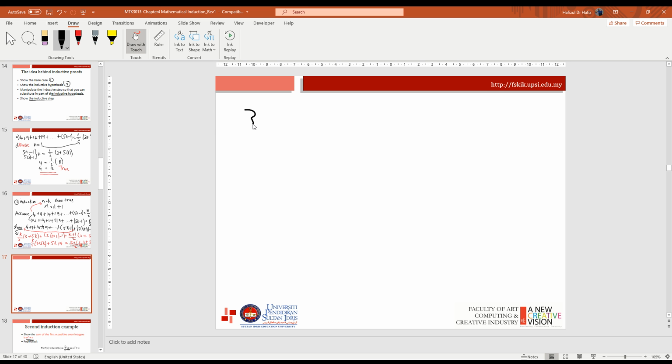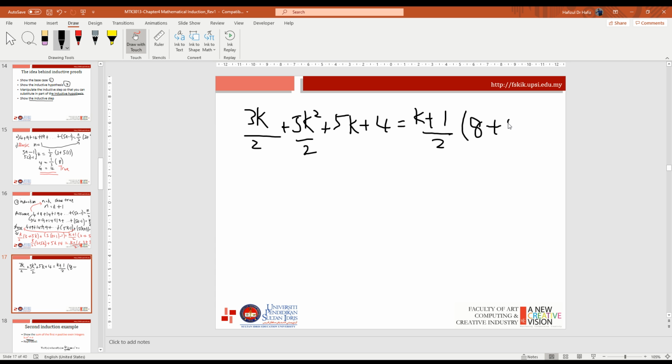okay, we got 3k divided by 2 plus 5k power of 2 divided by 2 plus 4 is equivalent to k plus 1 divided by 2, 8 plus 5k.